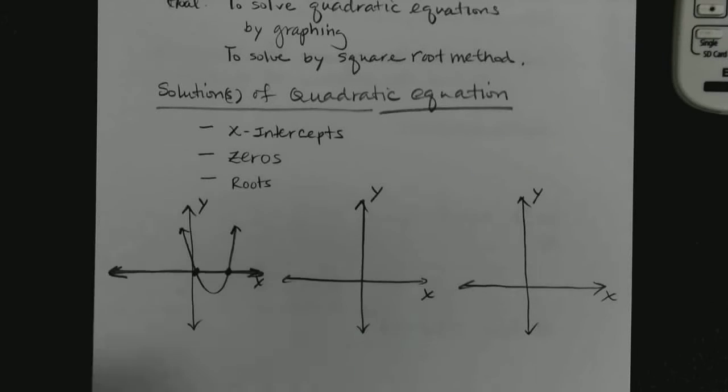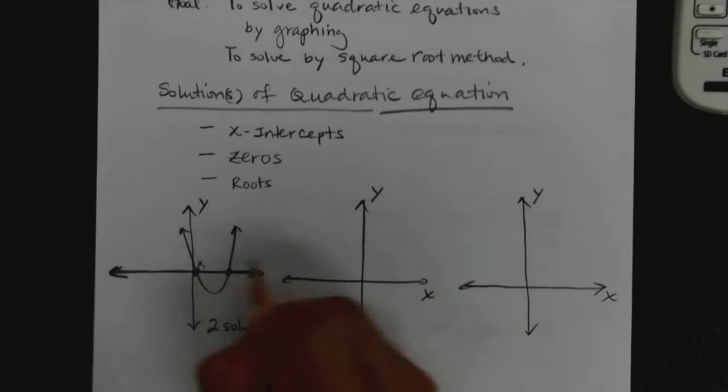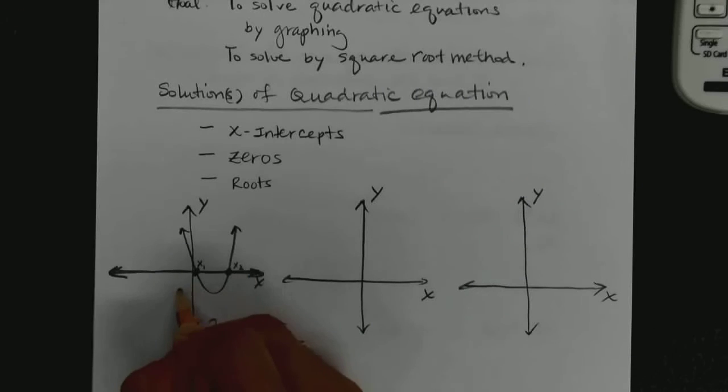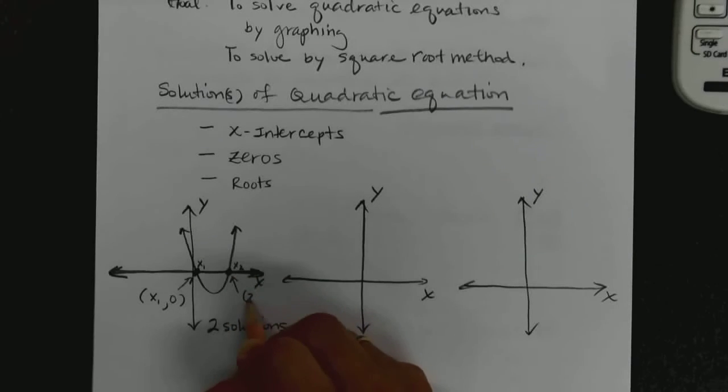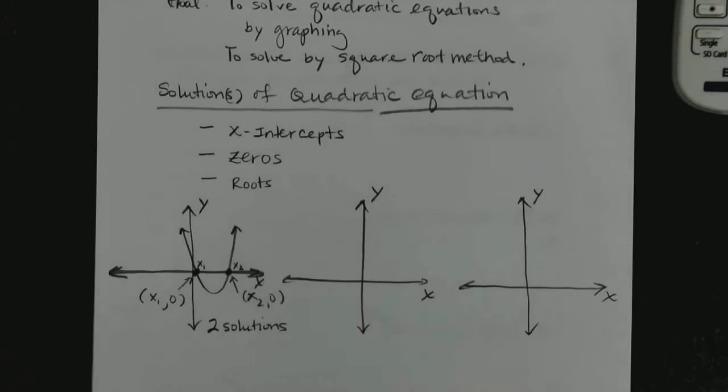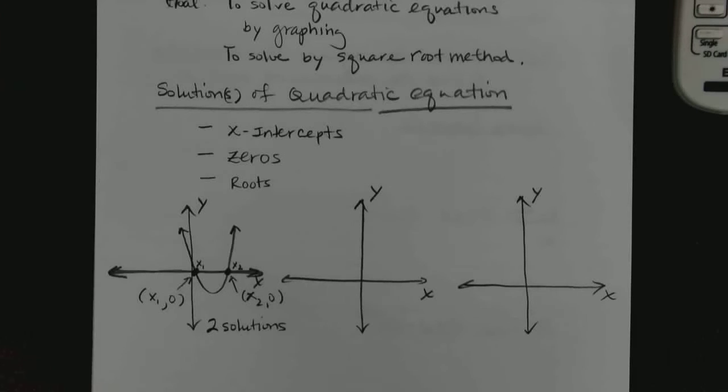So if your parabola looks like this, it has 2 solutions. I'm going to call this x1 and x2. So the locations of those x-intercepts are (x1, 0) and (x2, 0), right? If those are my x values.